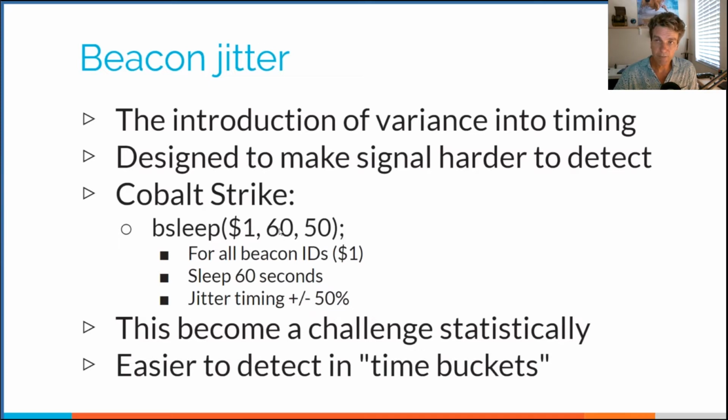Whatever I define my timing to be, my jitter timing is a percentage variation off of that. So if I write the number 10 here, it's 60 seconds plus or minus 10%. Here I have 50, so it's 60 plus or minus 50%. That means I could have timing that's as close together as 30 seconds or as far apart as 90 seconds as part of that beaconing, calling home.